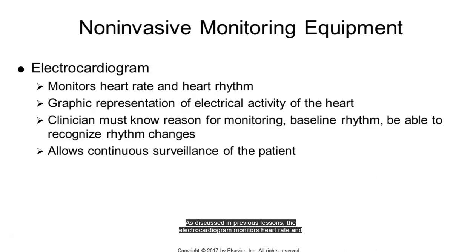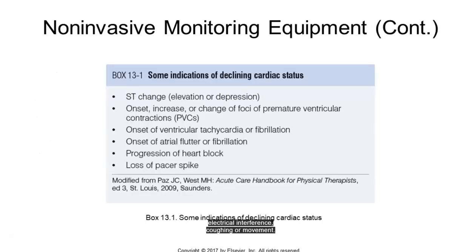As discussed in previous lessons, the electrocardiogram monitors heart rate and rhythm and represents graphically the electrical activity of the heart. Heart rates above and below a preset value are set to trigger an alarm, and the cause must always be investigated. If no cause is found, then artifact may be due to faulty electrode placement, electrical interference, coughing, or movement.